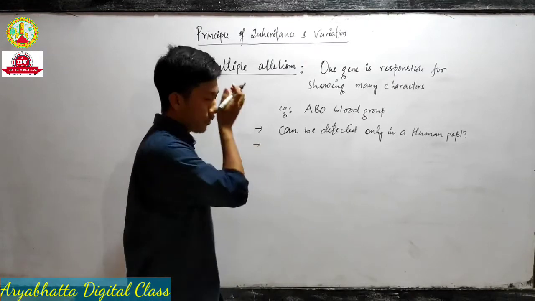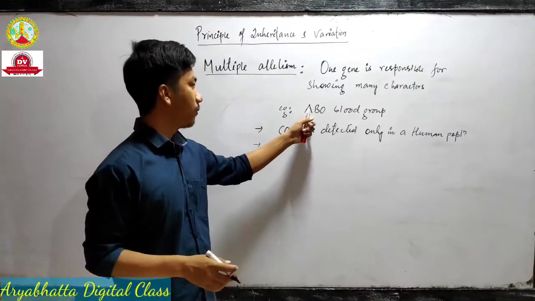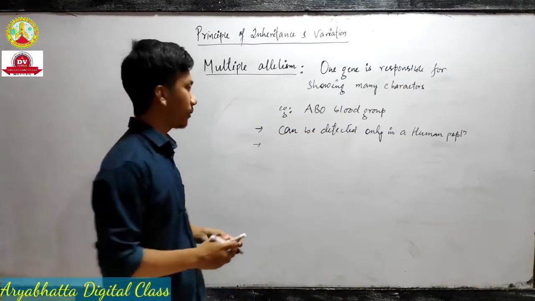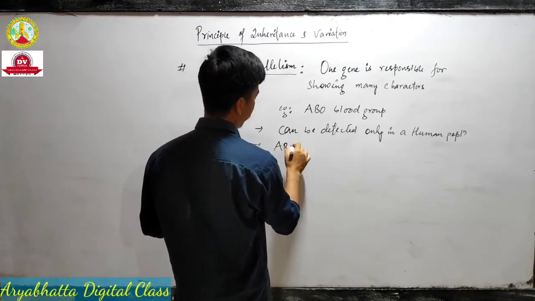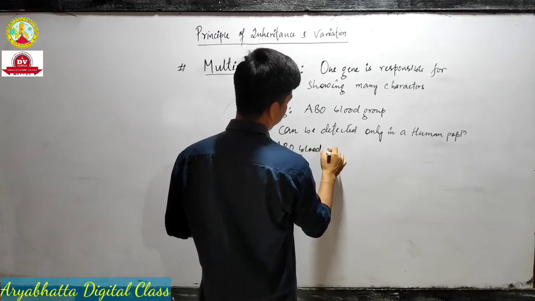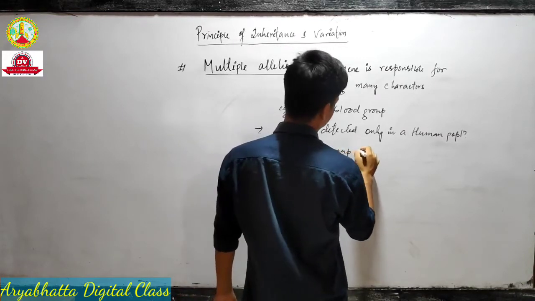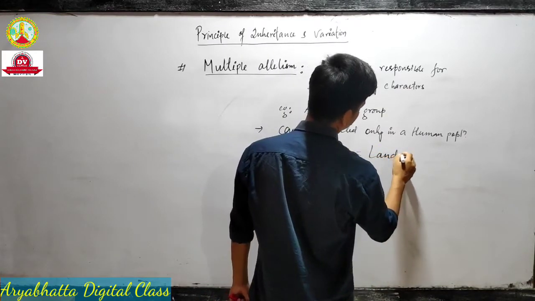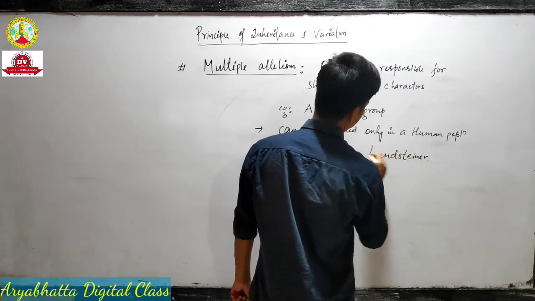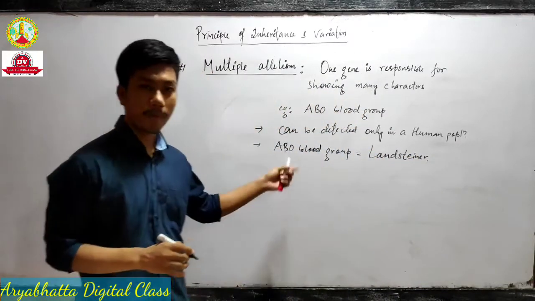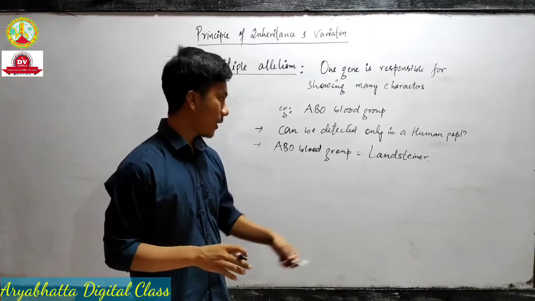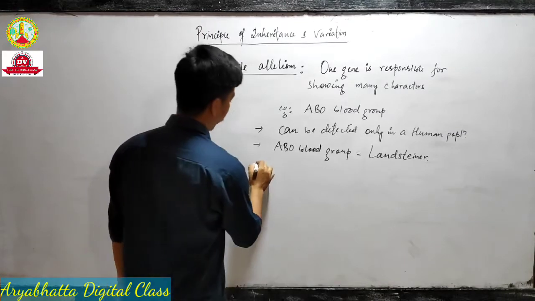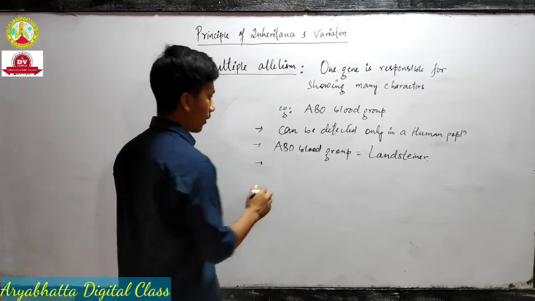Next we need to know the ABO blood group was first discovered by a scientist called Landsteiner. You write it in a proper sentence manner. Okay, ABO blood group was first discovered by Landsteiner, and then ABO blood group is controlled by 3 genes, and we need to know the names of those genes.